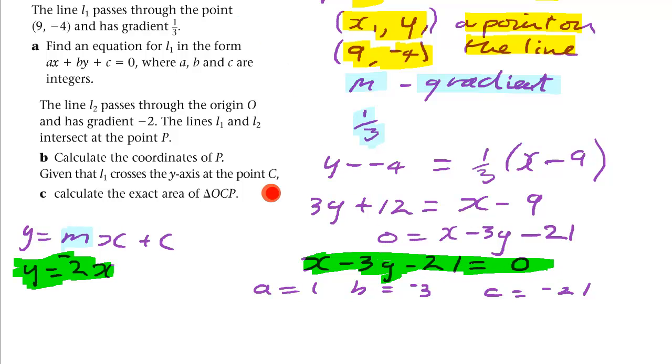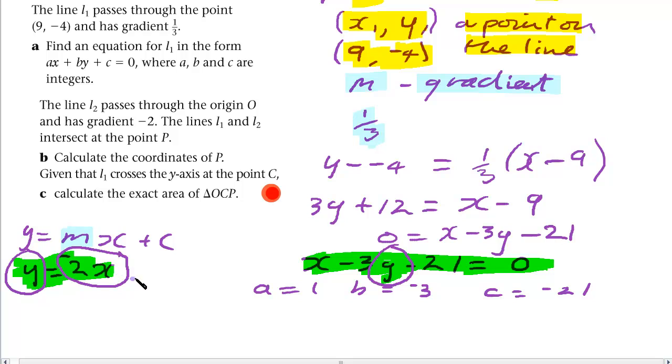Probably the best way is just to take this value and put it in. We know that y is minus 2x, so where there's a y here, we put in minus 2x.